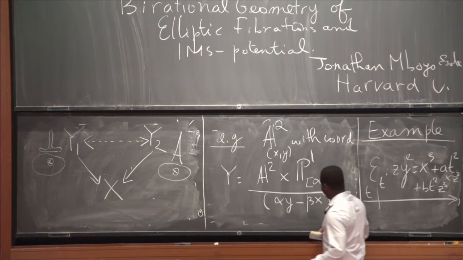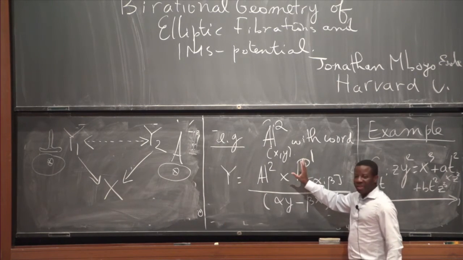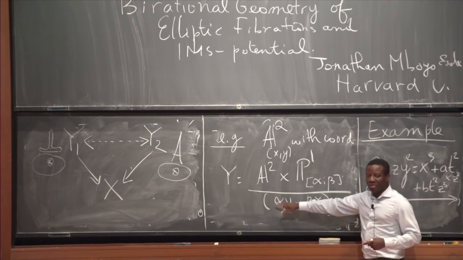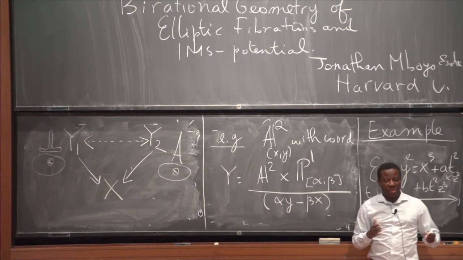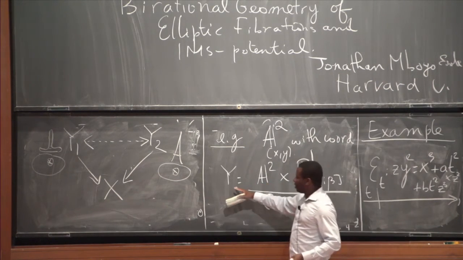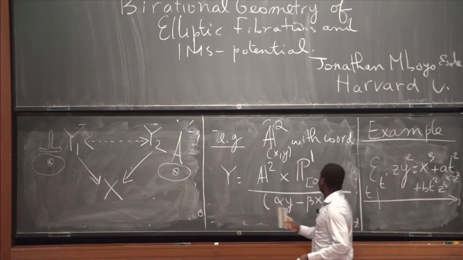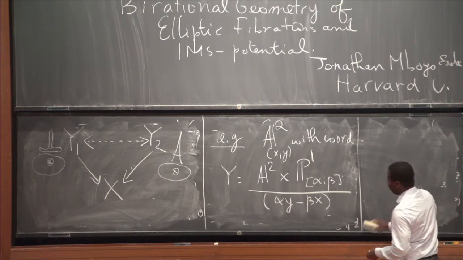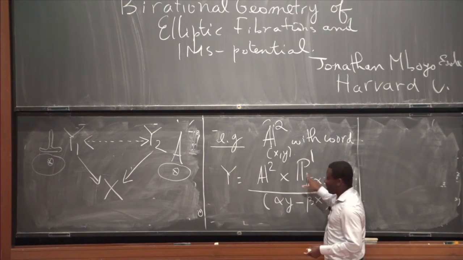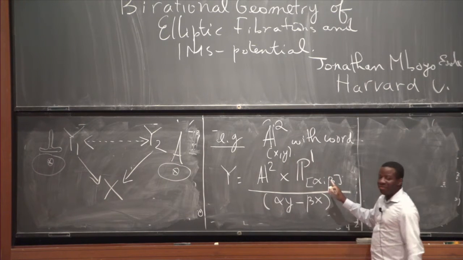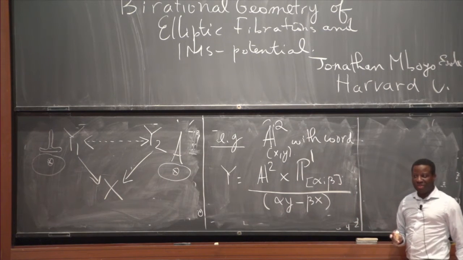So now, if you think about it, adding the space P1 has increased the dimension of the space, but because I also put a constraint, I actually preserve the dimension. And so now the real question is, why is this an isomorphism away from the origin? And the solution is very simple. Since alpha and beta are coordinates of a P1, by definition, alpha and beta cannot be 0 at the same time.